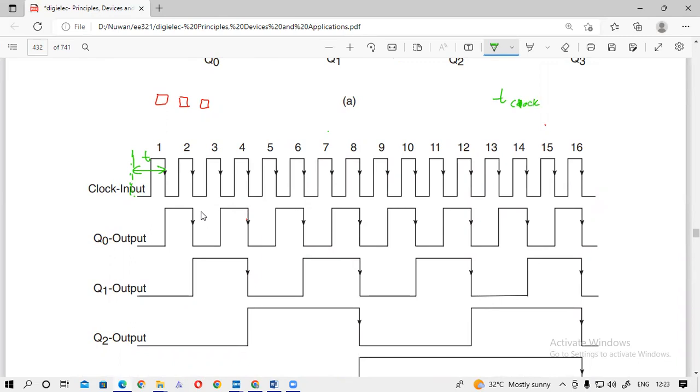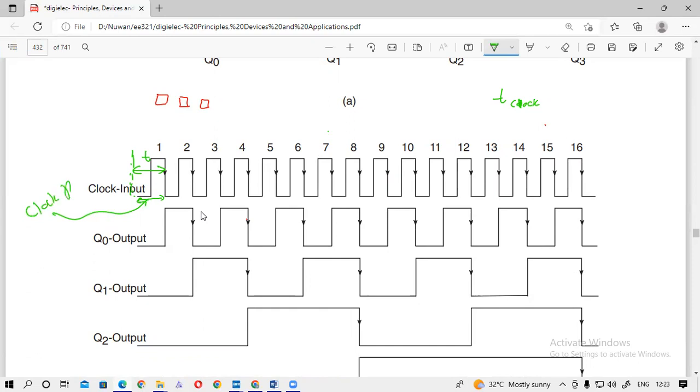So you can see that to have a correct input, the one cycle time for the clock, so that is the clock period actually.